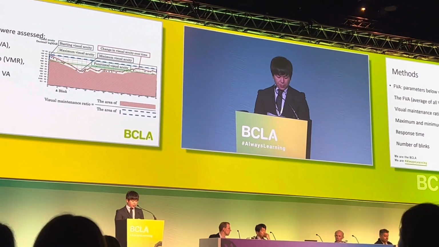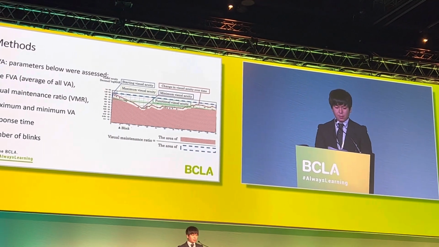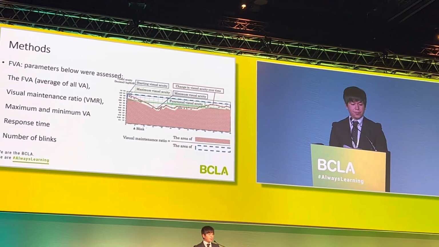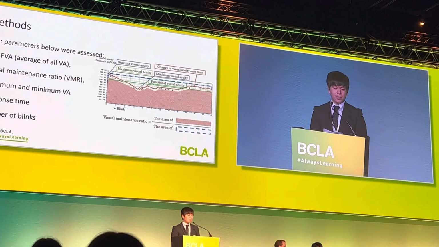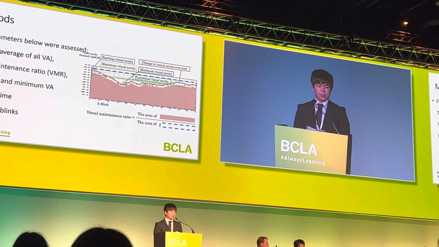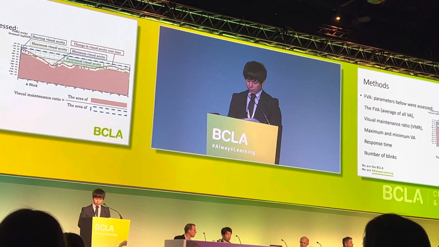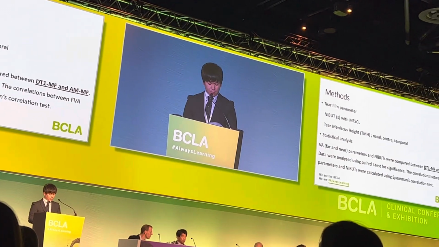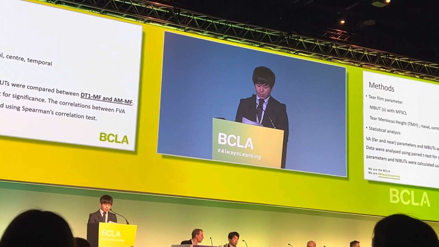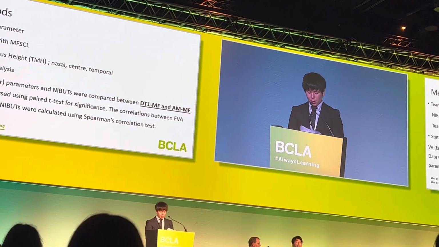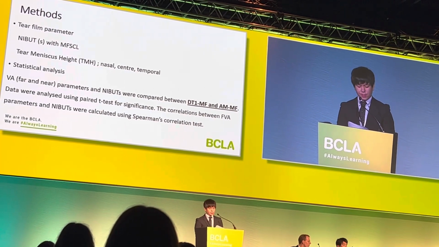For FVA variables, 5 parameters were assessed: the FVA, visual maintenance ratio, maximum and minimum VA, response time, and number of blinks. This shows the objective assessment of tear film parameters, NIBUT and TMH. Statistical analysis is shown on this slide.